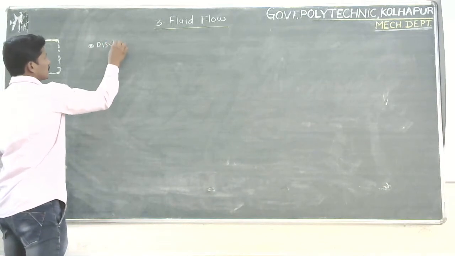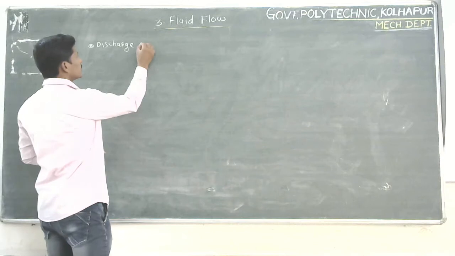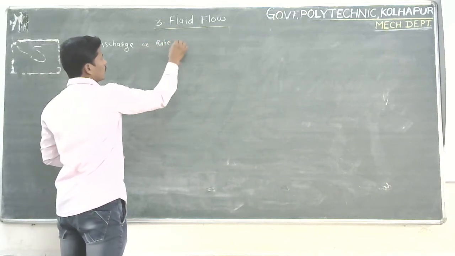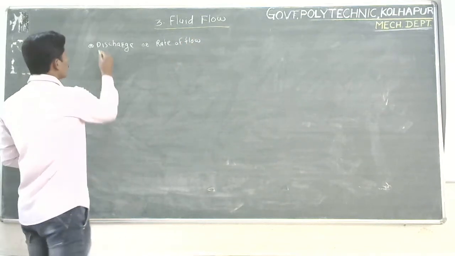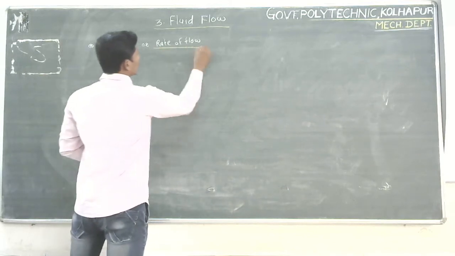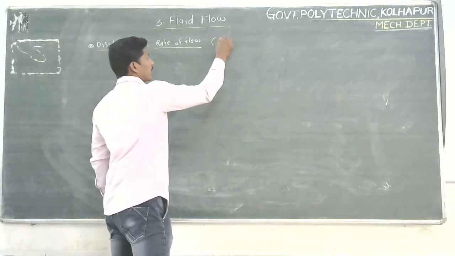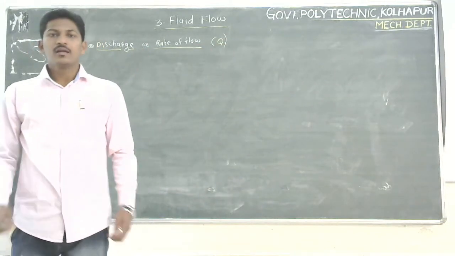Discharge is also called rate of flow, and it is represented by the capital Q.